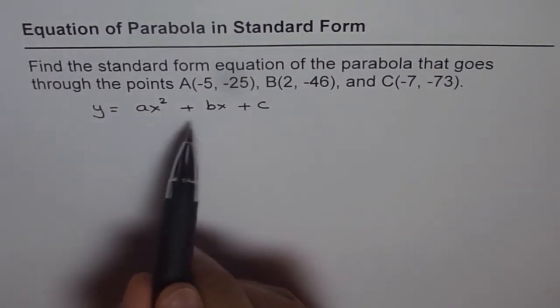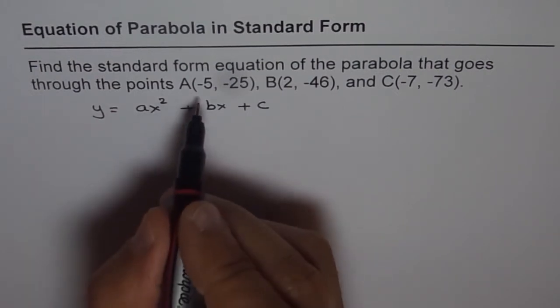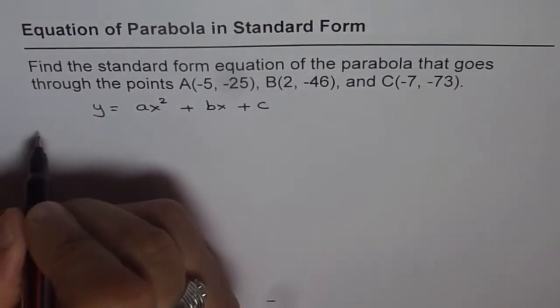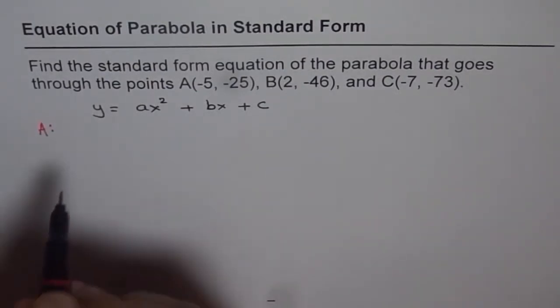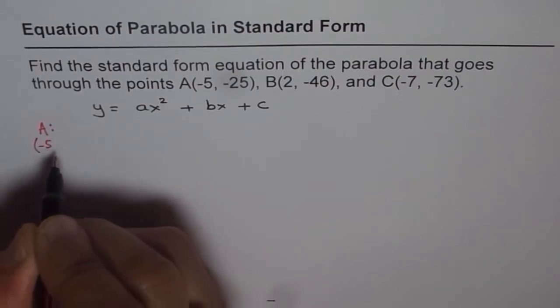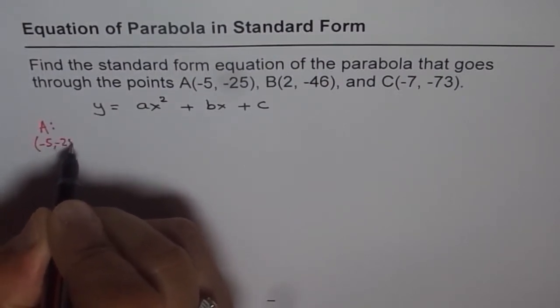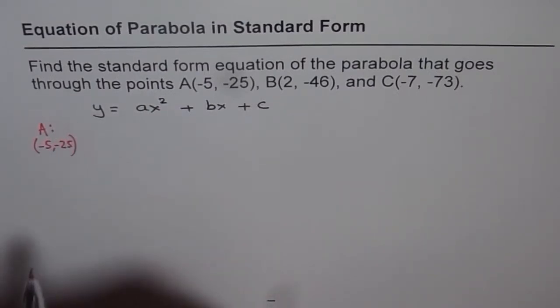Since we need to find three values, we need three equations, and therefore we'll start with all three points one at a time. So let us first consider the point A, which is (-5, -25). We'll substitute point A here and see what we can get. That really means the x value is -5 and the y value is -25.